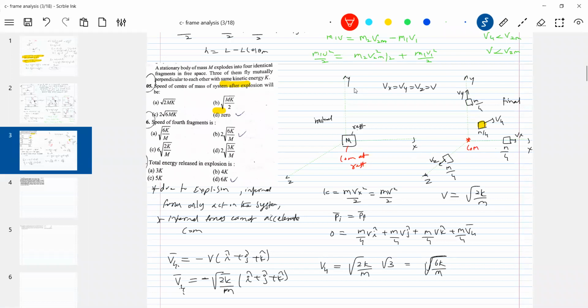Okay, here some correction I have to do. M by 4. M by 8. 8k by m.